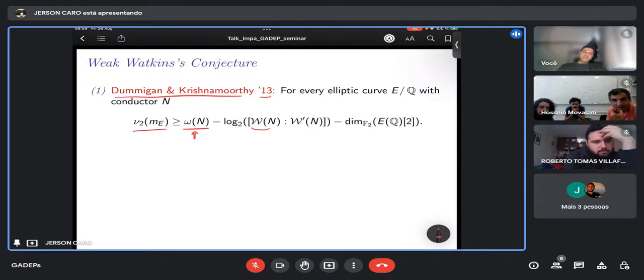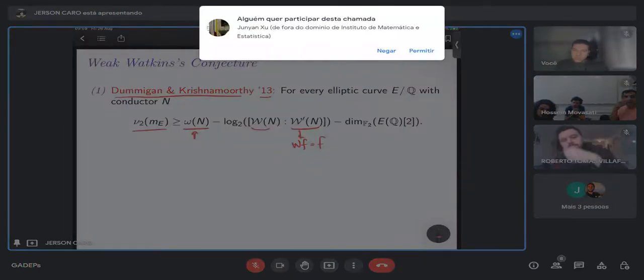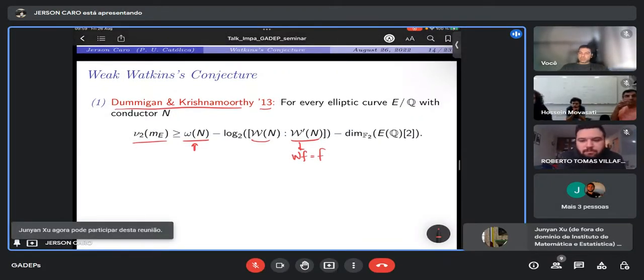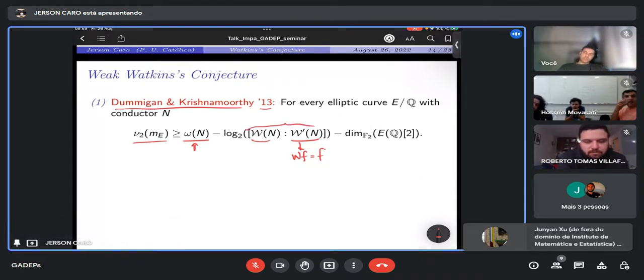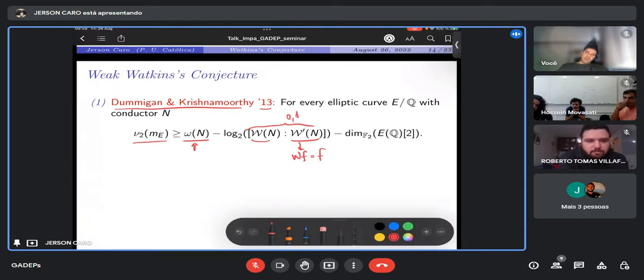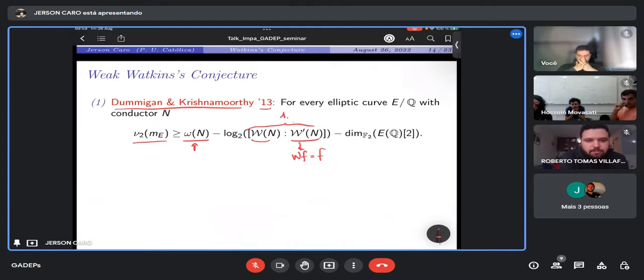This is the group of Atkin-Lehner involutions, and this omega prime(N) is the subgroup of Atkin-Lehner involutions such that the eigenvalue is 1, or that WF is equal to F. So I want to say something here: this index is 1 or 2. 1 if W prime is equal to W, or 2 if not.